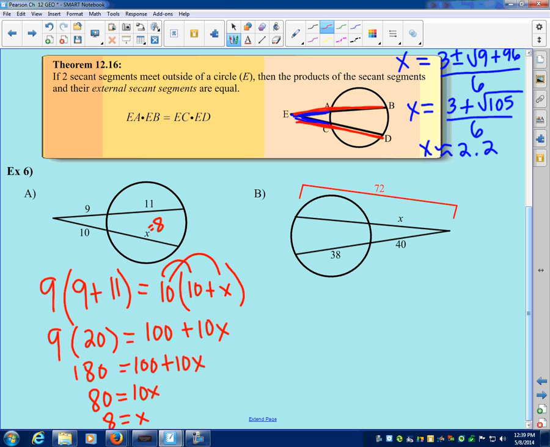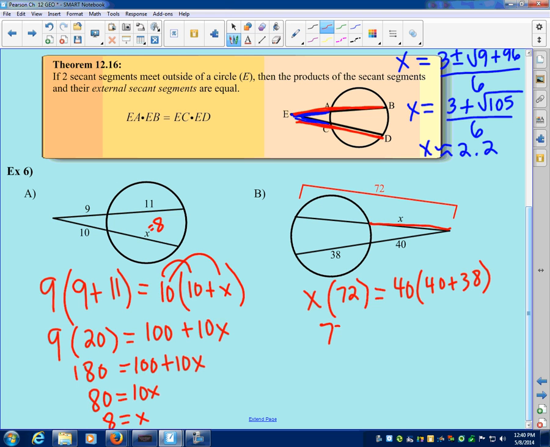So B here, what's the setup on B? For this guy, we've got outer, x, times the whole thing. Now this time I'm giving you the whole thing. Equals outer times the whole thing, which is 40 plus 38, or 78, because the theorem says take the outer segment times the whole length.